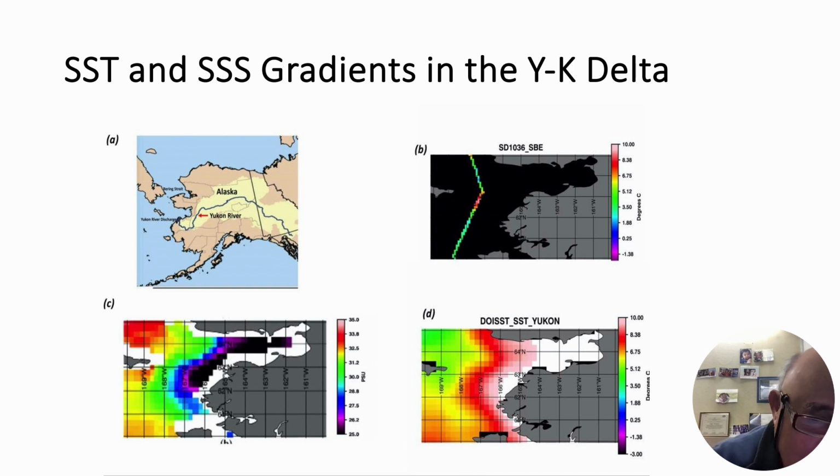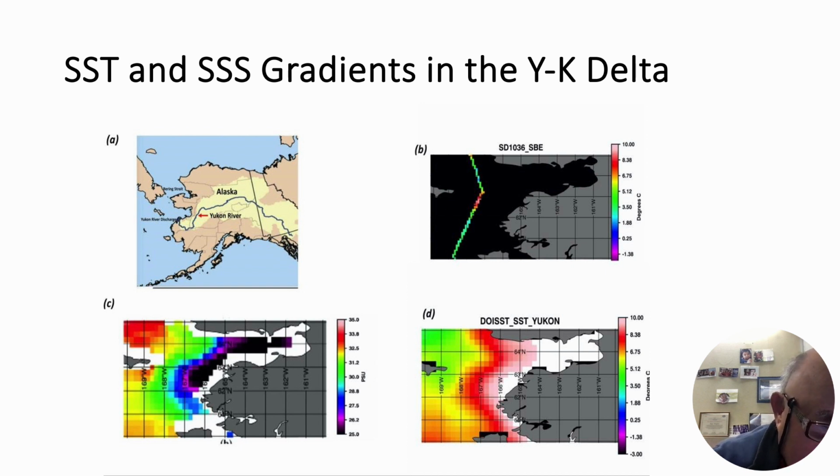And I wanted to also just highlight the comparison, obviously, with sea surface temperature. Again, this is the same area of the Yukon Delta. And you'll notice again in panel B in the upper right-hand corner, the Saildrone deployment, and you'll notice the freshening as it crosses the area of the Yukon River discharge.